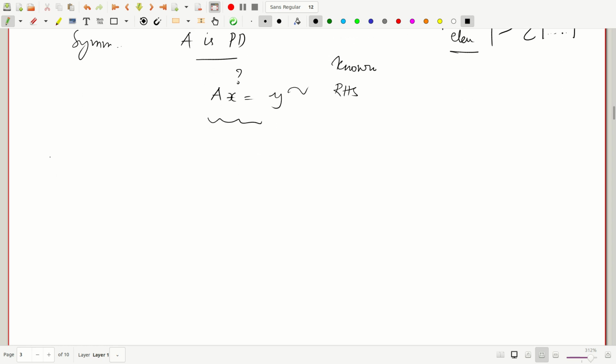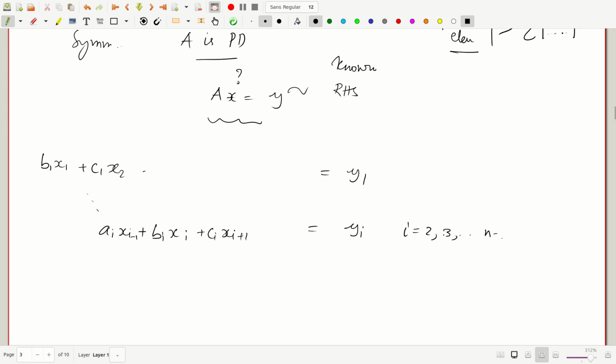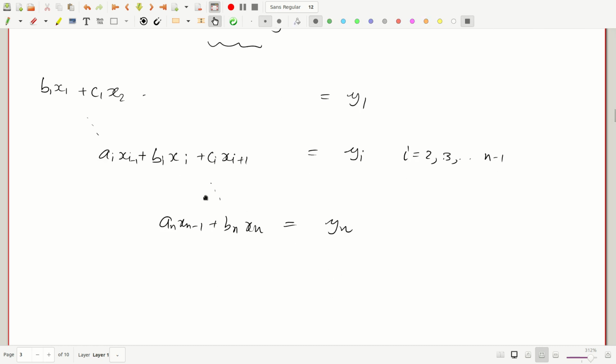That means for i equals 1, we have b1 x1 plus c1 x2 equals y1, and then the general equation is ai x(i-1) plus bi xi plus ci x(i+1) equals yi, where i goes from 2, 3 all the way to n minus 1, and finally the last expression is an x(n-1) plus bn xn equals yn. So when expanded, the linear system of equations reads like this.